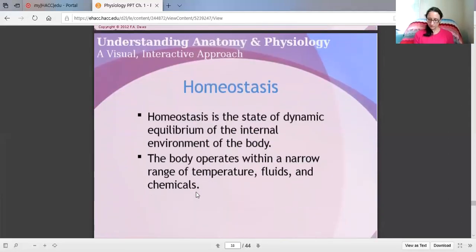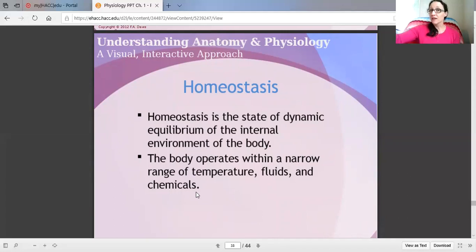Okay. Now, the last thing that we're going to go over really is homeostasis, which you already know. Homeostasis is a state of dynamic equilibrium, which means that it's not static. So it's always shifting and it's always trying to maintain an even keel. You know that the body operates within a pretty narrow range. You're familiar with some of these ranges, like body temperature being roughly 98.6 degrees.